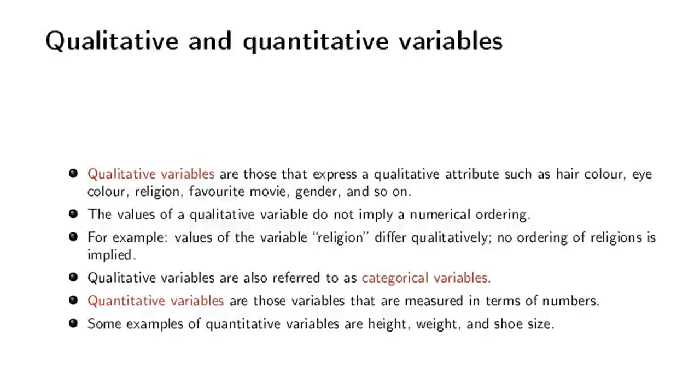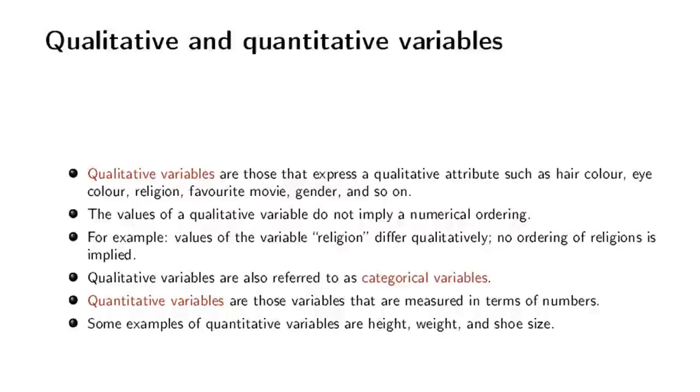For example, values of the variable religion differ qualitatively. No ordering of religions is implied. Qualitative variables are also referred to as categorical variables.